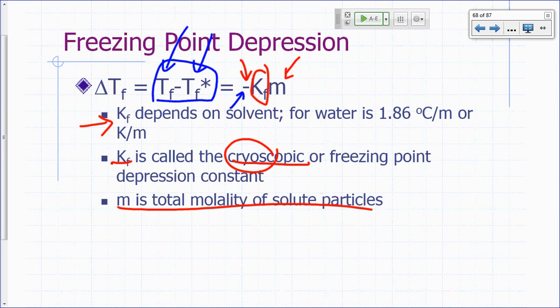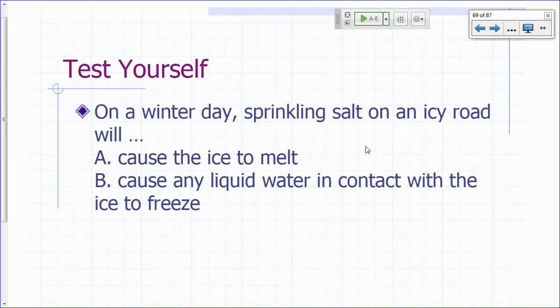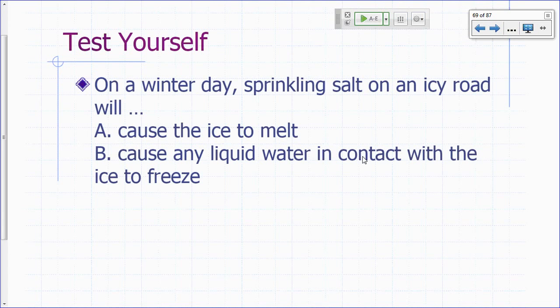Okay, so let's see. Here's a clicker question. On a winter day, sprinkling salt on an icy road will cause the ice to melt, or B, cause any liquid water in contact with the ice to freeze. What happens when the freezing point is lowered?